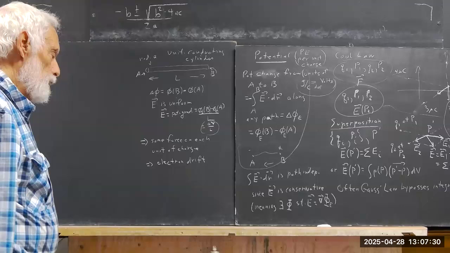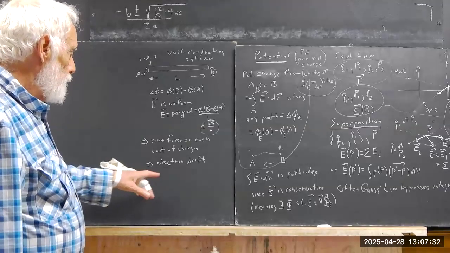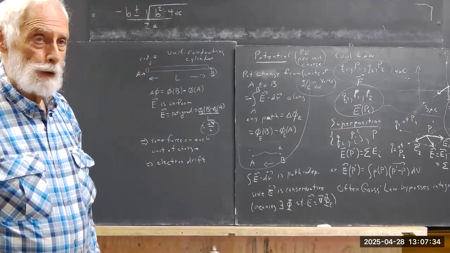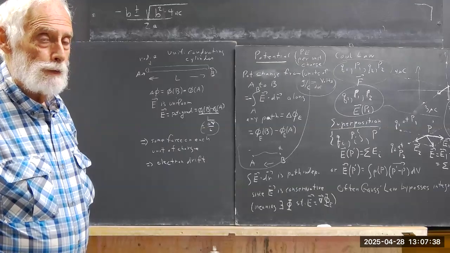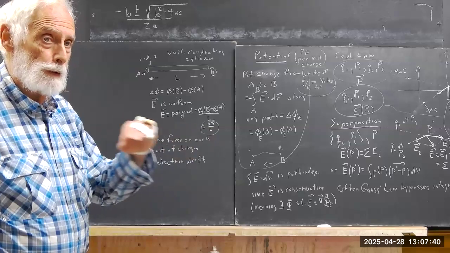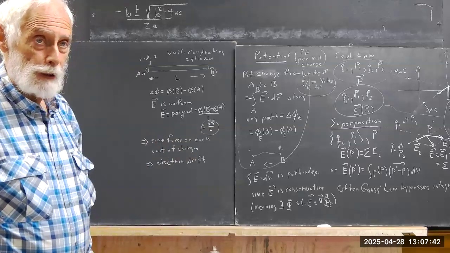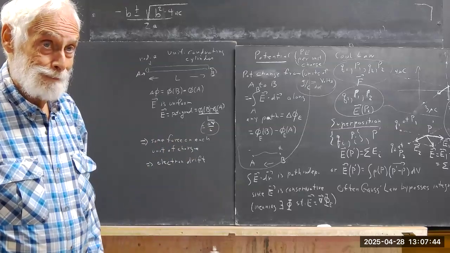It applies the same force on each unit of charge, which produces an electron drift at constant velocity, usually measured in millimeters and at most centimeters per second, because there are a lot of electrons.